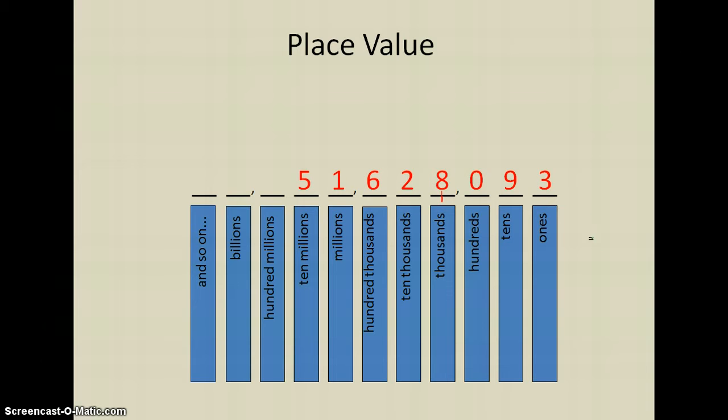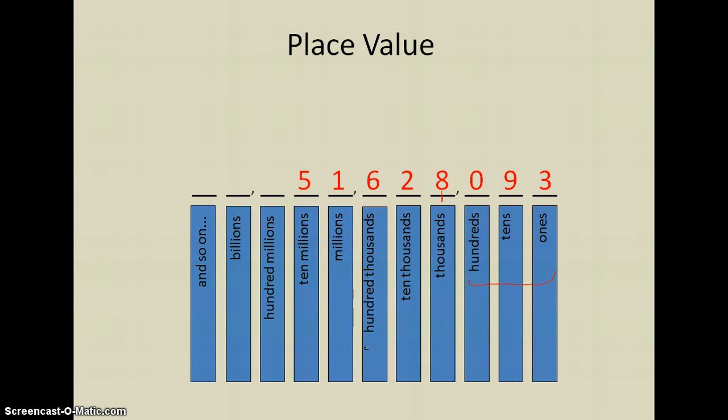You can use a place value chart like this to figure out the value of a digit in a number. You can also memorize the place value chart, and it's pretty easy to do if you notice a couple of patterns. One is that we have a repeating pattern of ones, tens, and hundreds that occurs in groups of 3, and that happens in the last 3 digits of big numbers.